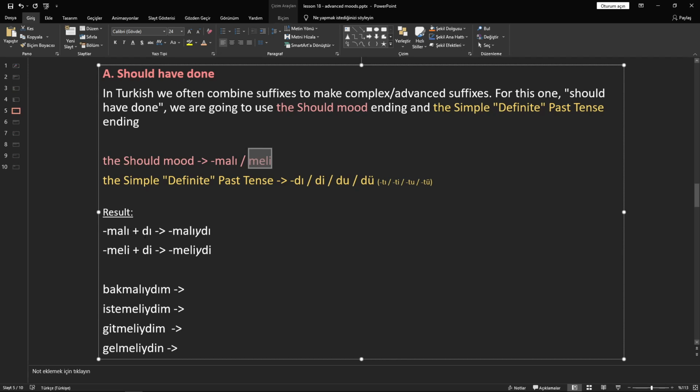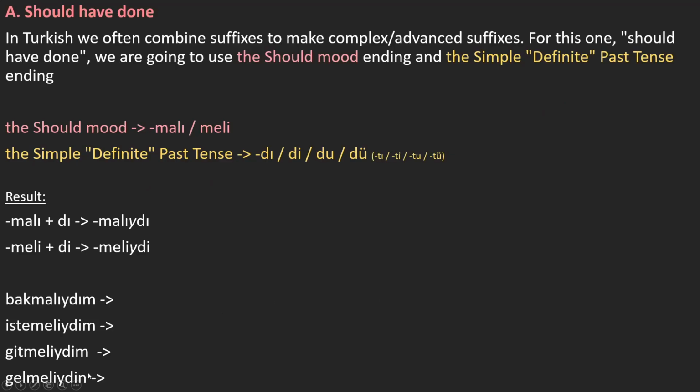Yapmalı plus the becomes, wait, I need to get my pencil. Malı plus the becomes malıydı with a buffer y here, because if you look into the history of the past tense ending, it is actually ıdı.